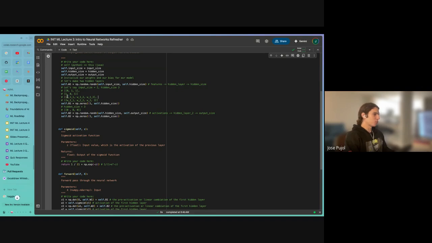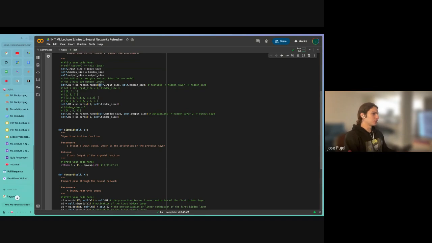But the reason we know it has to be like this is because you see that the rows here indicate the input size. If I have 2 inputs, then I need 2 rows, right? But then hidden size is the number of neurons.